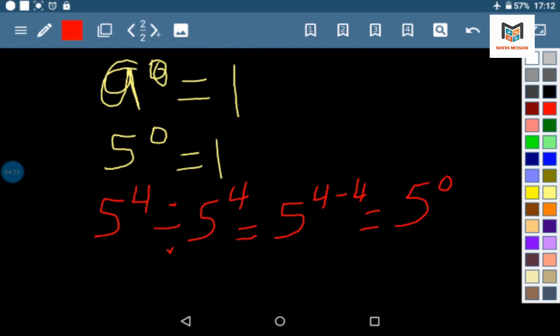So we can write 5 raised to the power 0 in this form.